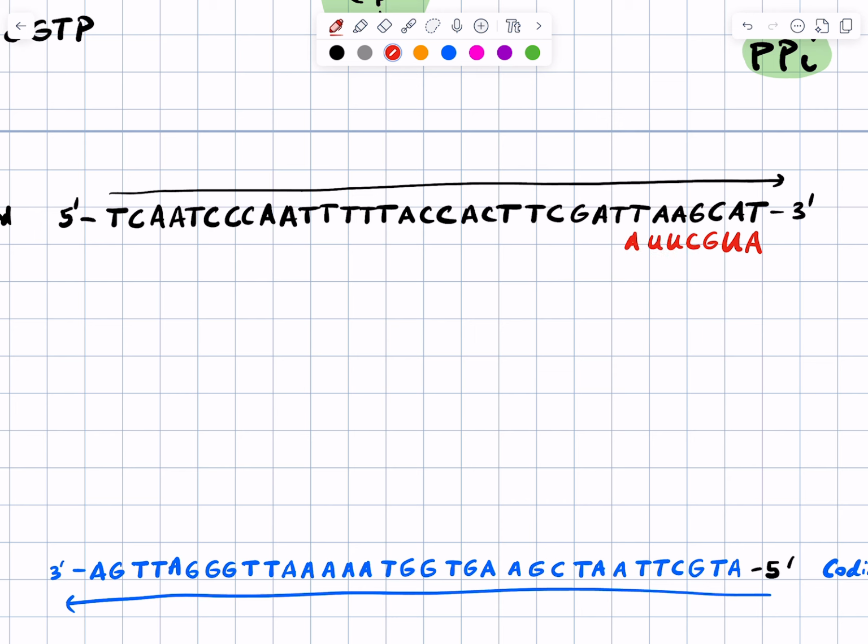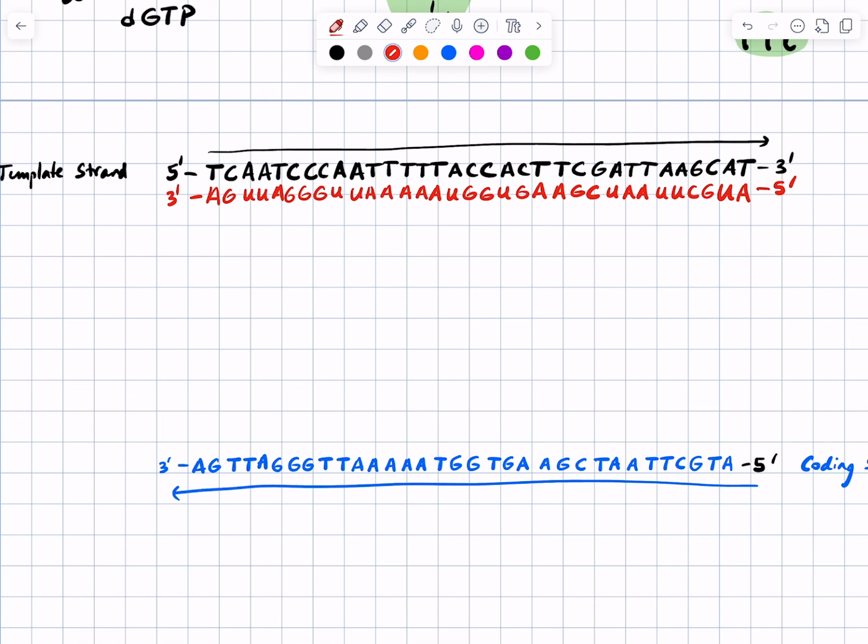U, U, A, U, C, G, A, G, U, G, G, U, and then a whole long string of A's, 2 U's, 3 G's, an A, U, U, G, and A. And this will be the 5' end of the mRNA and then the 3' end. So that's the mRNA message that gets transcribed.